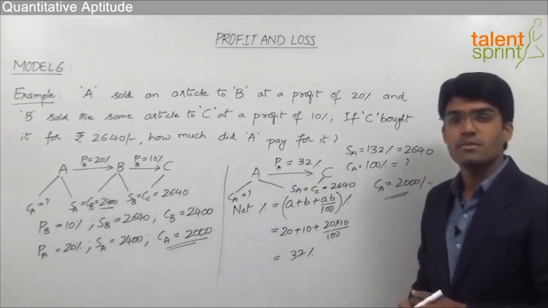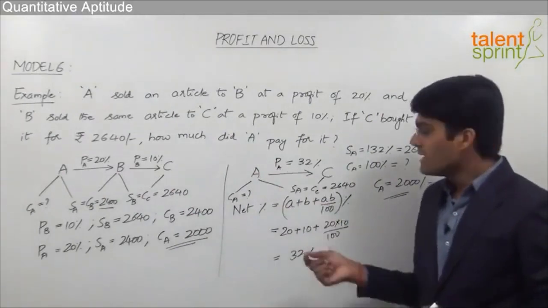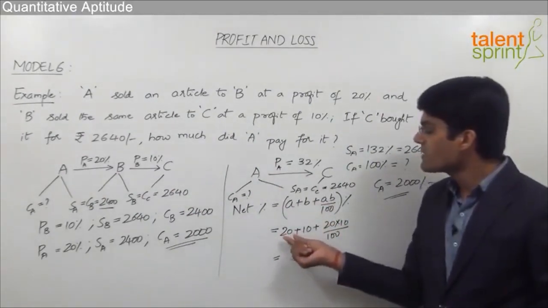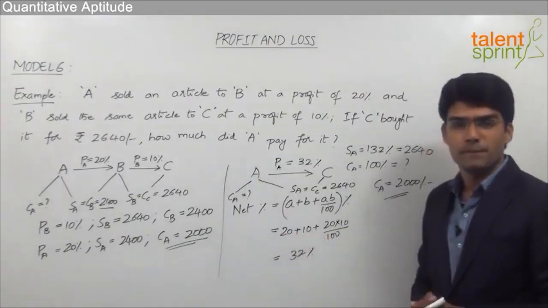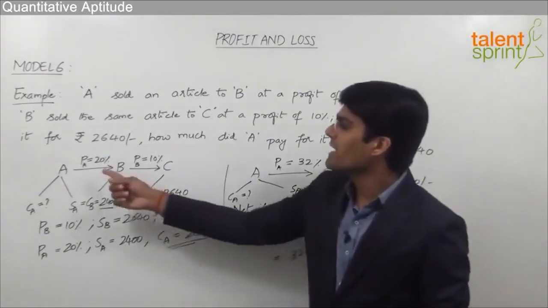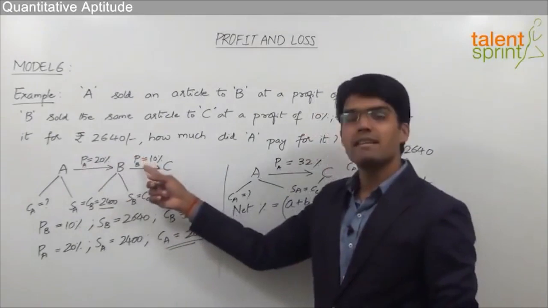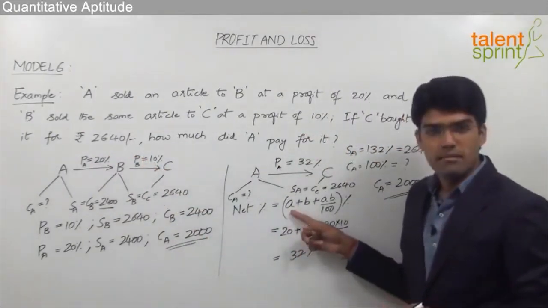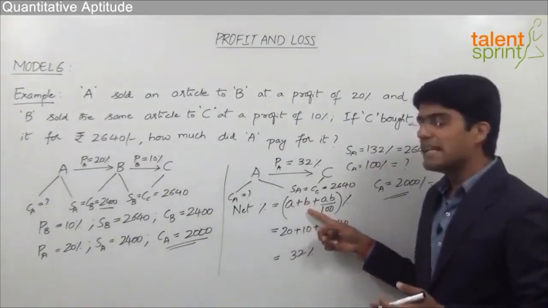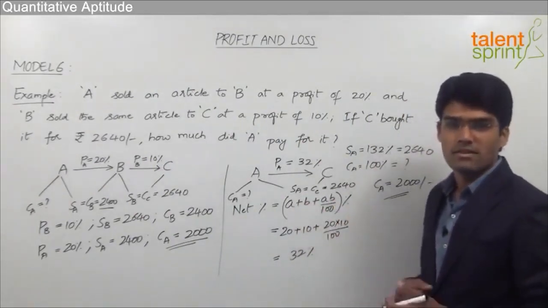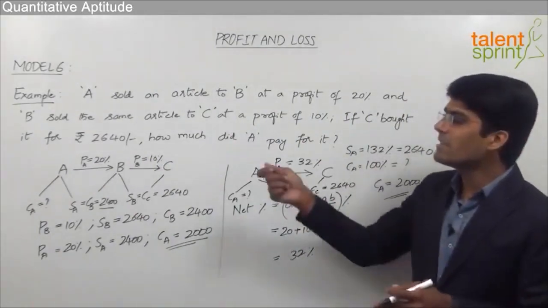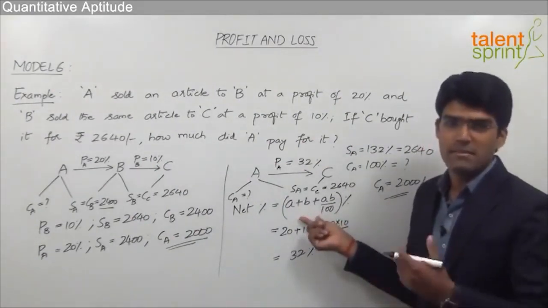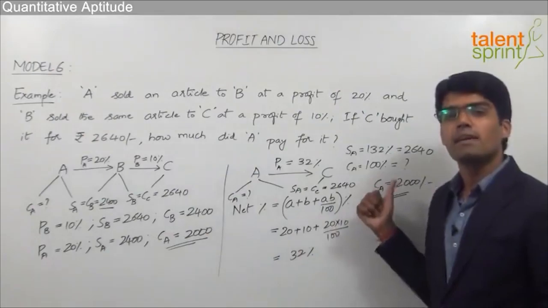But the point to be understood is, because they are losses, the values should be substituted with a negative sign. That means A will be minus 20 and B will be minus 10. Similarly, if A has made a profit of 20% and B has incurred a loss of 10%, in that case, A should be taken plus 20 because it is a profit, and B should be taken as minus 10 since it is a loss. So depending on whether they are making profits or loss, we can substitute the values in A plus B plus AB by 100% and then find out the required answer.